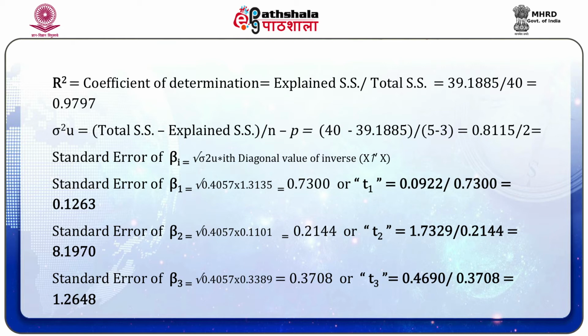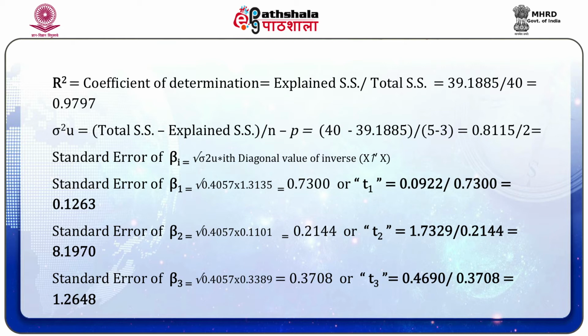Standard error of beta 1 is equal to under root sigma 2 mu into ith diagonal value of inverse X bar X. Standard error of B1 is equal to under root 0.4057 into 1.3135, which is 0.7300. Or T1 is equal to 0.0922 upon 0.7300, which is equal to 0.1263.